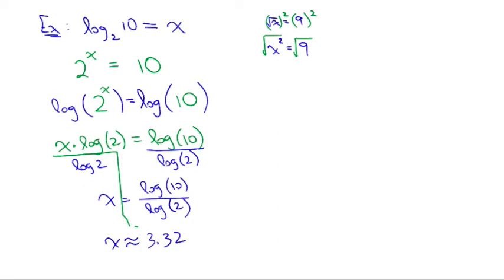Okay. Now here's the problem with this answer. When you go back to the beginning, log base 2 of 10 represents what power do you have to raise 2 to get to 10? So what is 2 raised to the 3.32 equal to? 9.98, and then some other ugly decimals afterwards. It's not exactly 10.